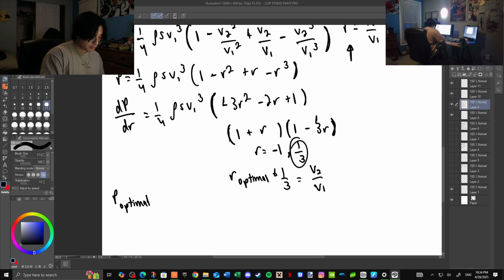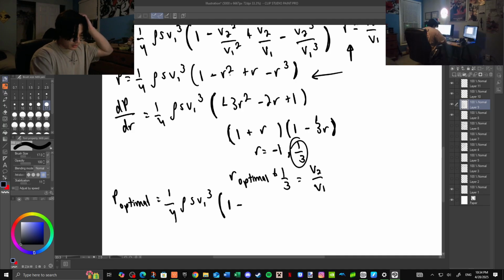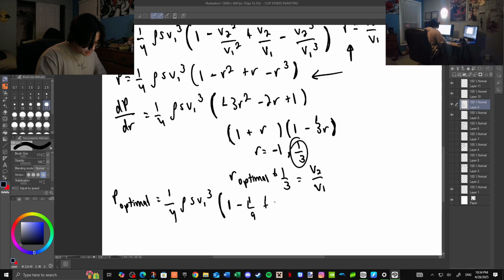So we'd use this equation right here, 1/4 rho S V1 cubed times 1, and then we just plug in 1/3 for each R. So R squared, that's minus 1/9, plus 1/3 minus 1/27.